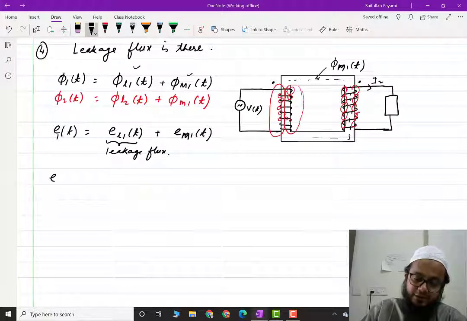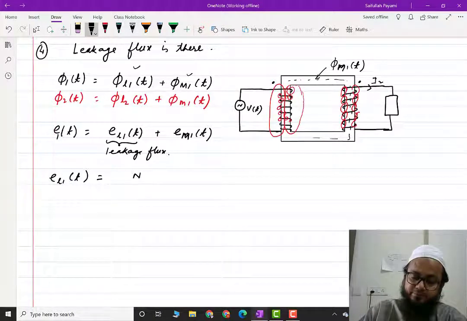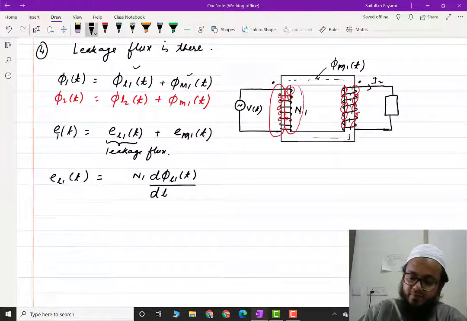So the leakage flux voltage EL1t, not considering Lenz's law, would be given by N1 d phi L1t upon dt, where the number of turns here is N1.